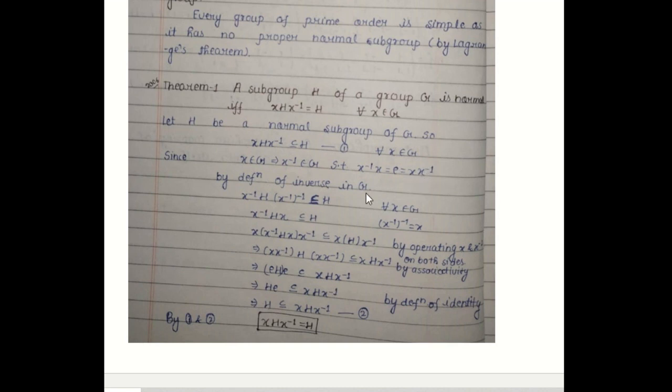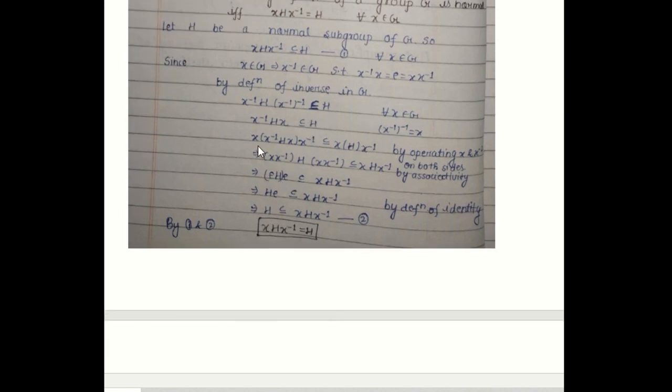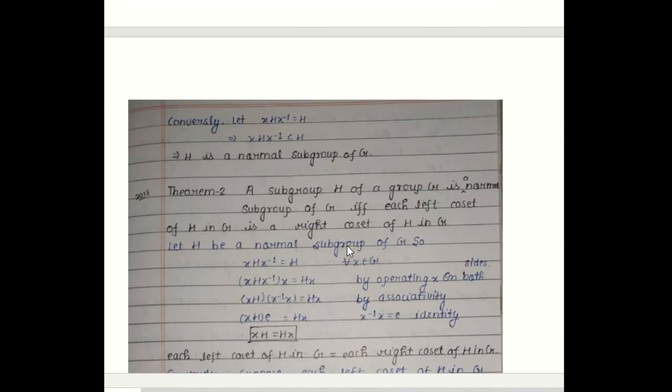So by the definition of inverse in G, x inverse H, x inverse whole inverse will be contained in H. The inverse of x inverse will be x, so this will be a subset of H. Now operating on both sides by x and x inverse, by associativity we easily have H contained in x H x inverse, which is equation number 2. So combining 1 and 2, we have the result for this theorem.